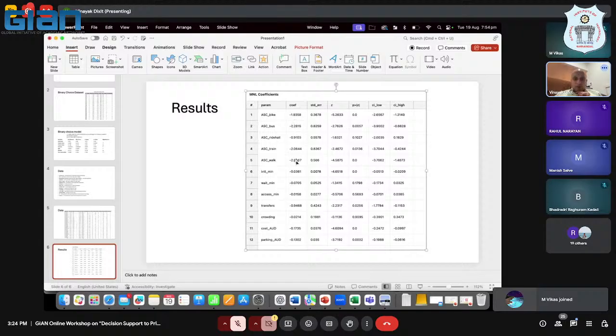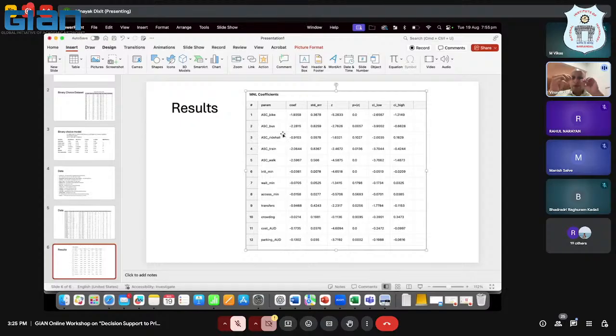Just by looking at all these, you can see that most of them are negative. But one thing you'll find is that ride hail is minus 0.91, and if I look at the p-value here, it is greater than 0.05, correct? So it is close to zero.